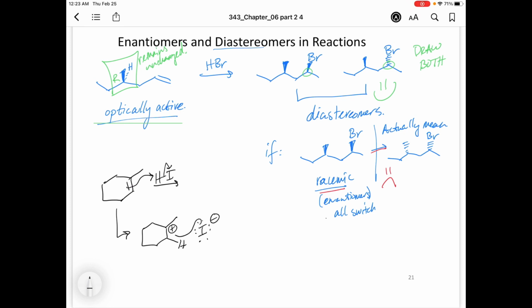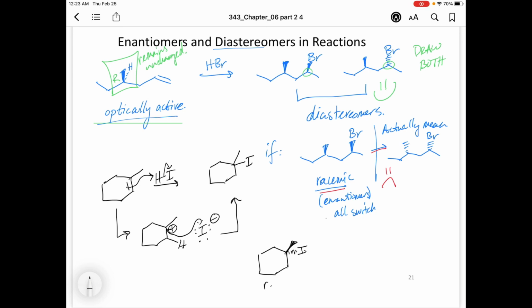This is going to attack this carbon. And the product that we get has both a methyl and an iodine here. Now, for the answers that you could choose, two of them might seem kind of confusing. Based on what I just drew, there are only two possible answers here.